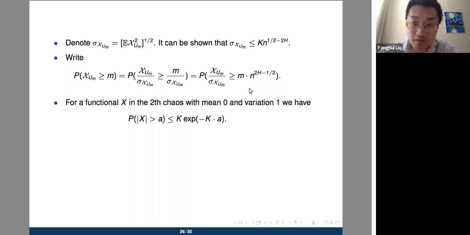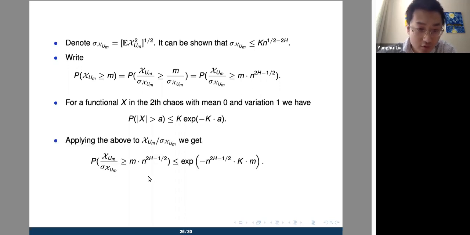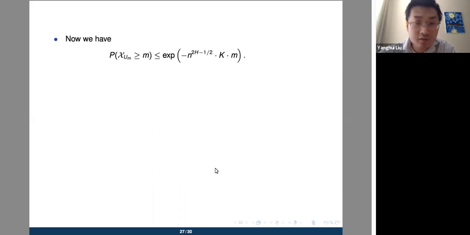This will be our a right here. Let's apply this tail estimate. We get the bound e to the minus n to the 2h minus 1/2 times k times m. This gives us a bound for the tail of X. Let me just rewrite this again.